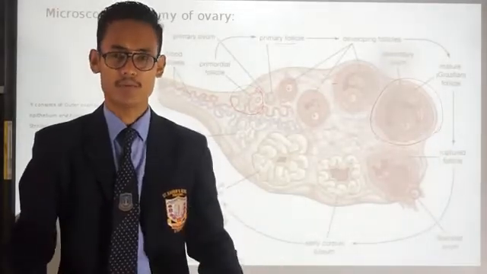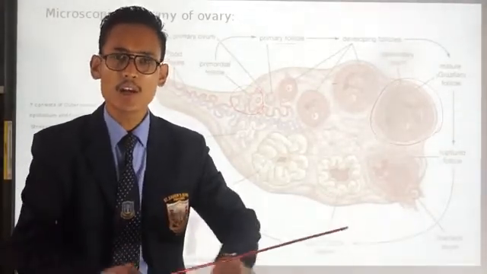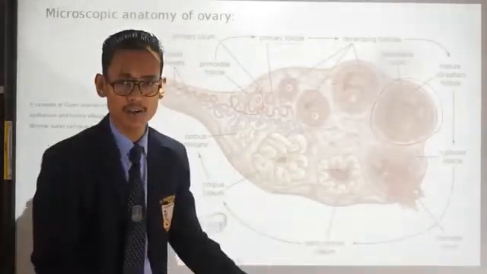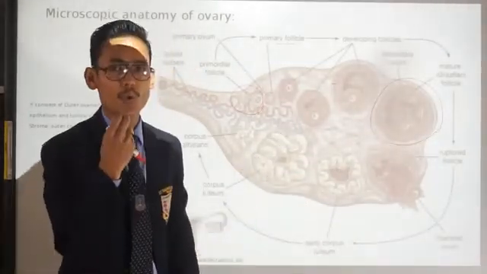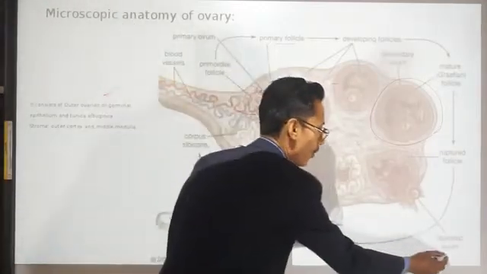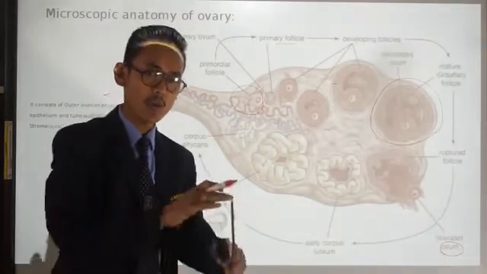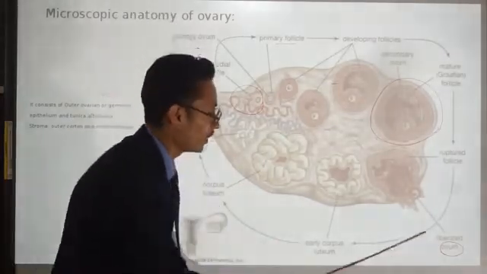After the formation of the Graafian follicle, it will rupture. It will break down. When the mature Graafian follicle ruptures, there will be release of the ovum.